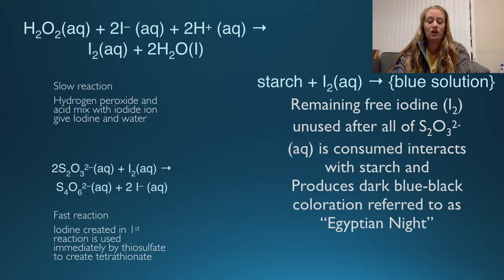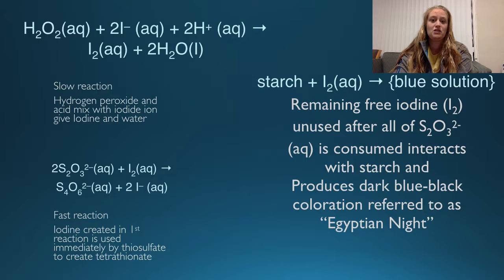In order for the iodine molecule to be present in solution, all of the thiosulfate must first be used. So once all of the thiosulfate in the reaction has been used to create tetrathionate, then the I2 will be free to associate with the starch and create the blue solution.